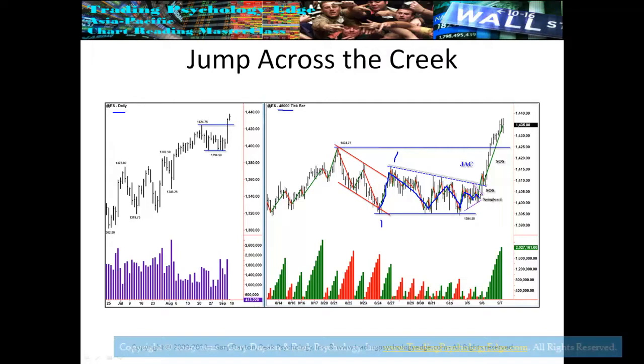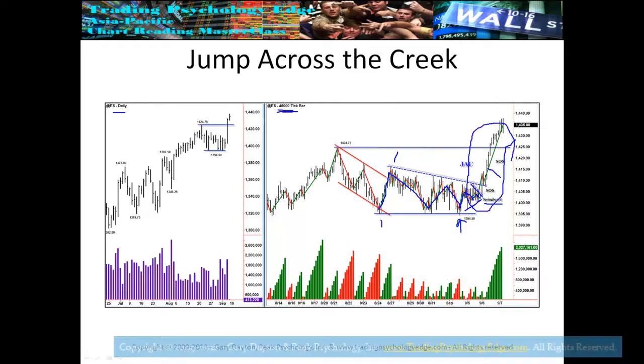And this market did spring here on this time frame, but it necked down into this very tight little range in here. Sometimes we call that the springboard, and we're anticipating that jump across the creek at that point, and that is when it occurred.